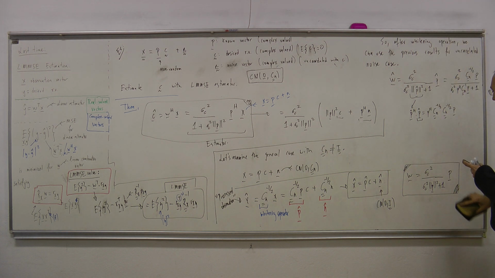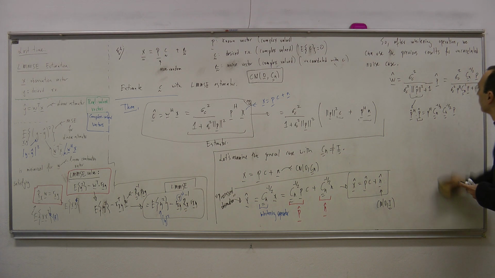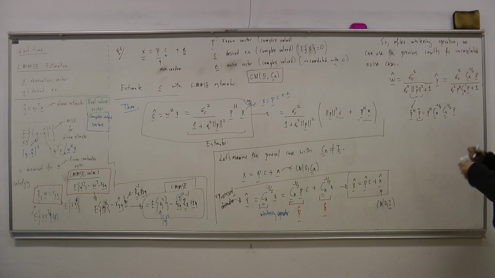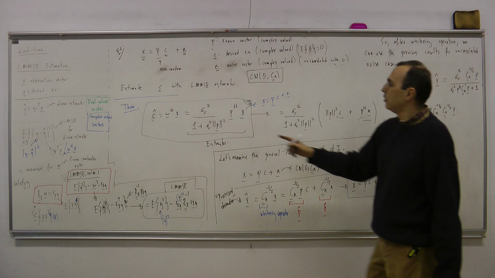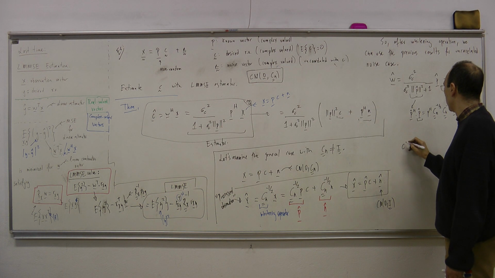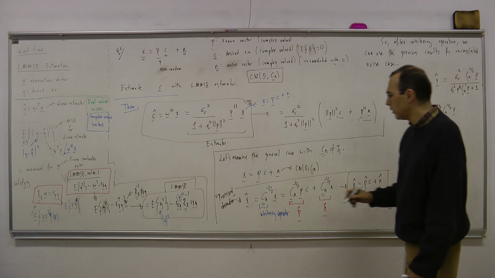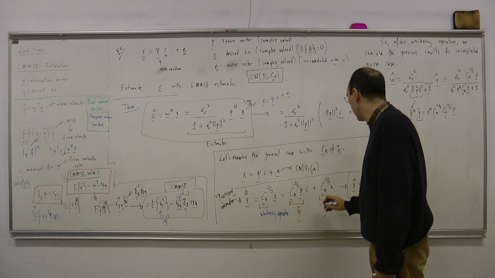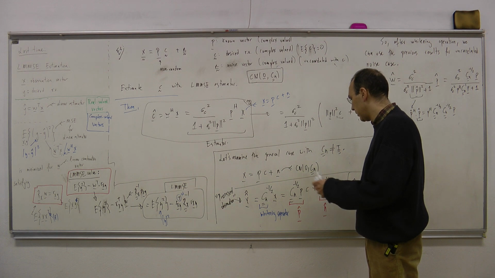So what's my estimator? Let me erase this. Let's say the estimator for this, C hat. Let me put a double roof for this in order not to get confused with the estimator.